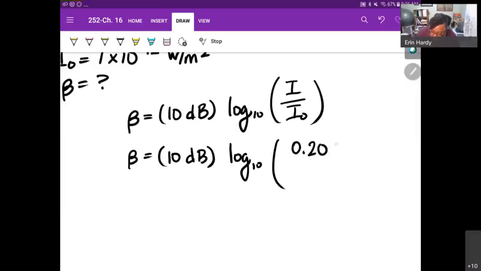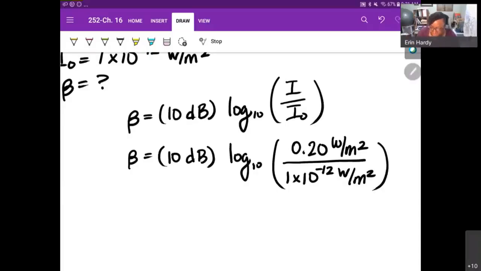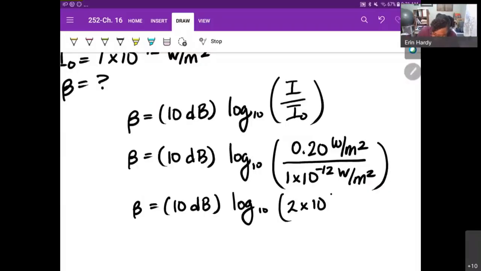We have 0.20 watts per square meter divided by 1 times 10 to the negative 12 watts per square meter. Inside of that log, the units are going to drop out. So 0.2 over 1 times 10 to the minus 12. That's going to give us 2 times 10 to the positive 11 inside those parentheses, with no units because they cancel out.